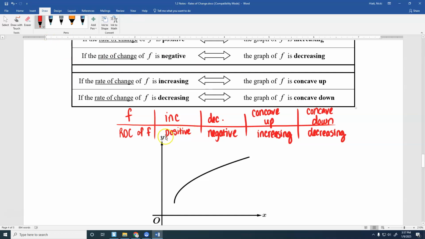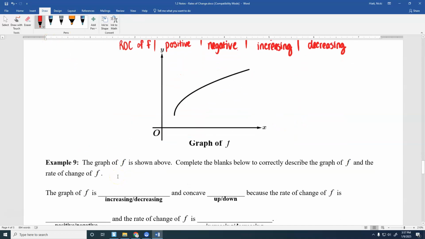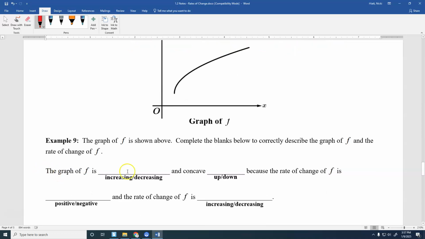So if we look at this next graph that we have here, it tells us the graph of f is shown above. Complete the blanks below to correctly describe the graph of f and the rate of change of f. So this first statement is talking about the graph of f, and the second part of the statement talks about the rate of change. So whenever we're looking at f, it just says the graph of f is either increasing or decreasing.